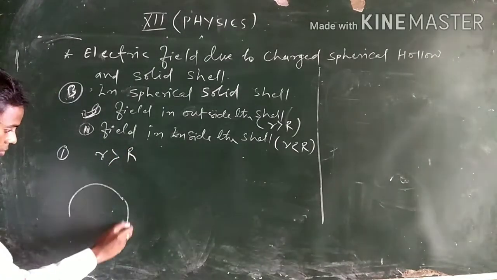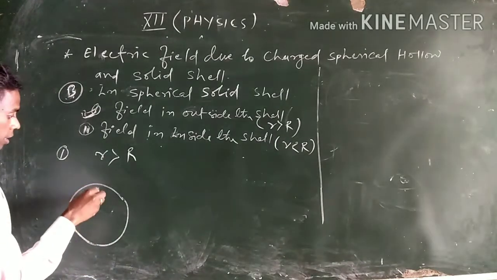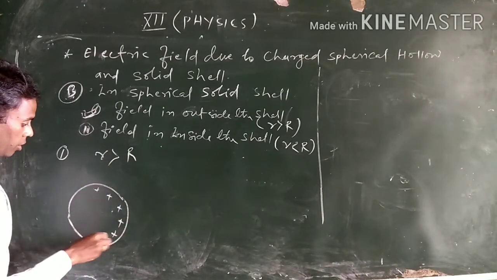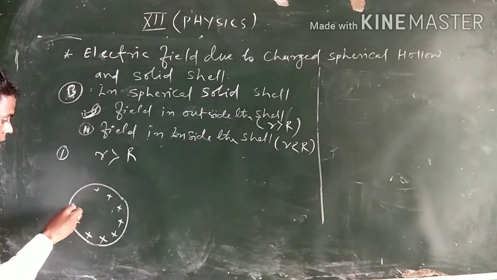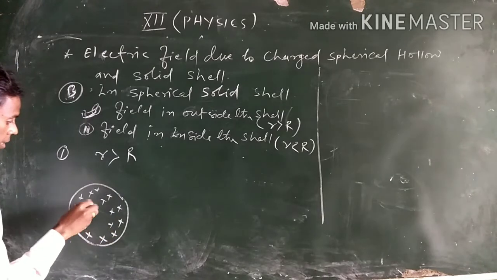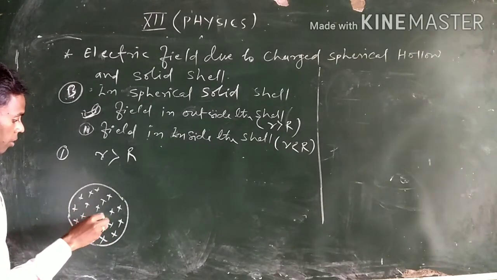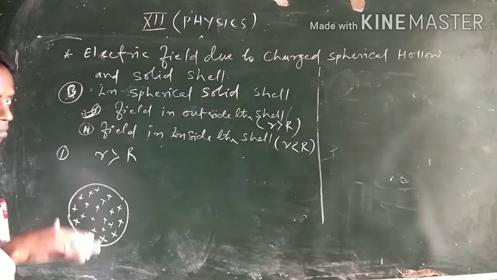How? Just we have to draw the shell. This is the charged spherical solid shell. Here charges are distributed inside the shell because there is some matter.